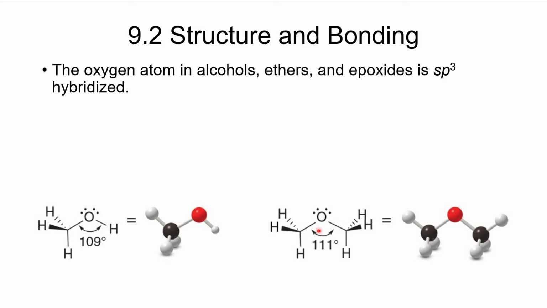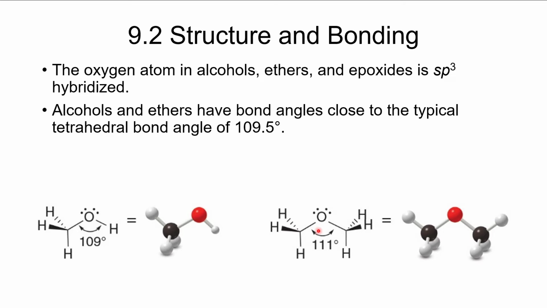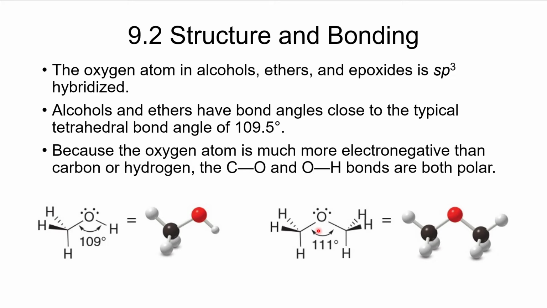On this dimethyl ether, it's a little bit more. And then, of course, the exception is with the epoxides. The epoxides are going to have that strained angle of 60 degrees. So alcohols and ethers, yes, they'll have typical angles close to the 109.5.